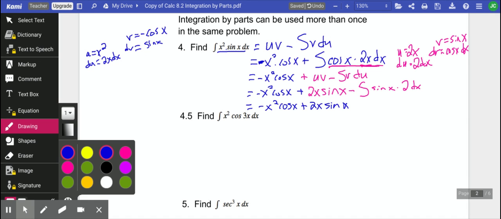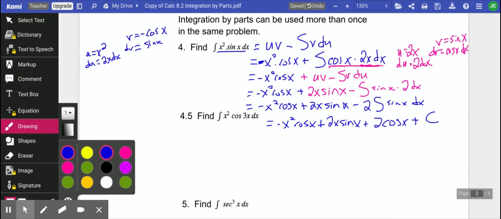Leave that alone. Over here, I'm going to pull that 2 out, and we just need the antiderivative of sine, which we can do. So we get negative x squared cosine x plus 2x sine x minus 2 times the antiderivative of sine, which is negative cosine, so change the sign on that, plus c.